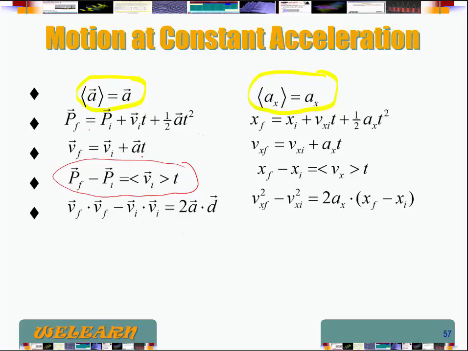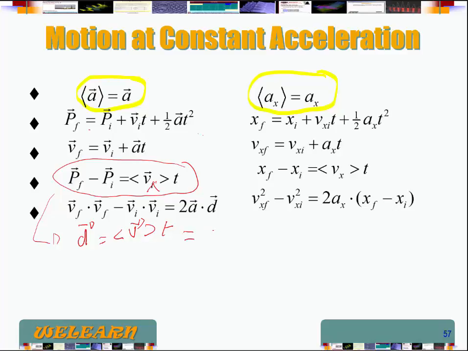Okay, let's go back to this equation here. I'm going to write it in terms of displacement, which is equal to average velocity times time. Now let's write it again.